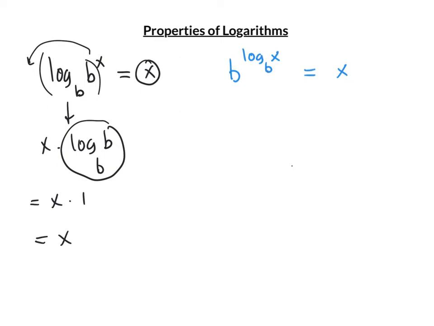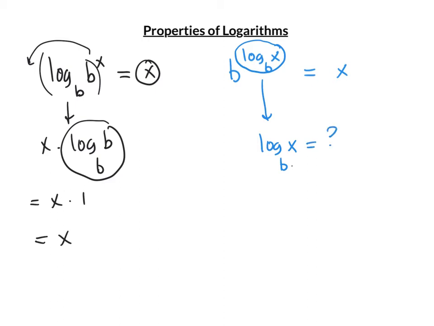This second property says that b to the power of log base b of x is equal to x. I can show you why this is, but it'll kind of blow your brain. Take a look at just this part of the expression. I'm going to go down here and look at just that. The log base b of x. Well, that's an exponent. What is the exponent? Let's call it a question mark.